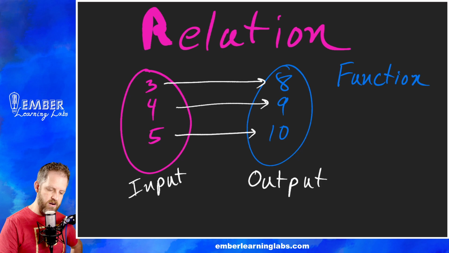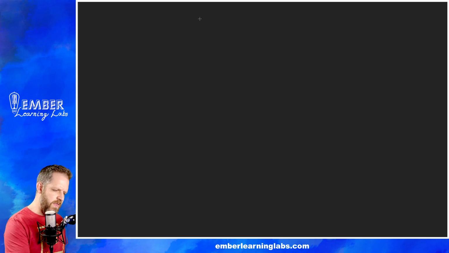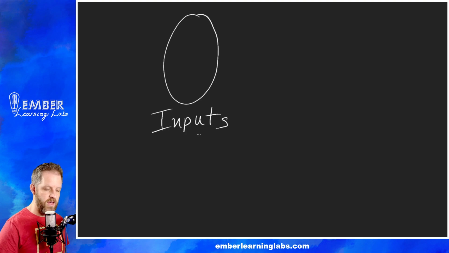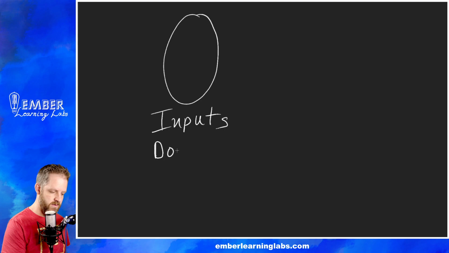Let me clear off all of this and shrink my brush back down. So the inputs of a function have a couple other names. They're the inputs. The list of all inputs is called the domain.